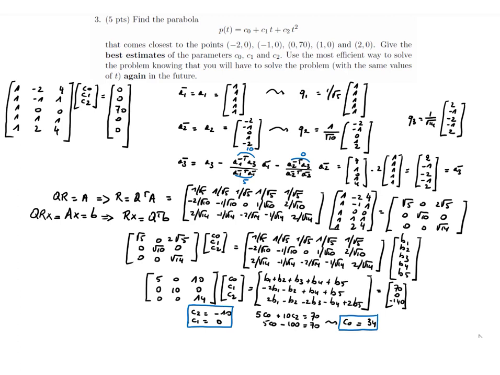So here's the solution. Our matrix A is over here. We need a QR decomposition, so we need to apply the Gram-Schmidt procedure that is outlined in the theoretical course. Notice that you have to keep the first vector, right?